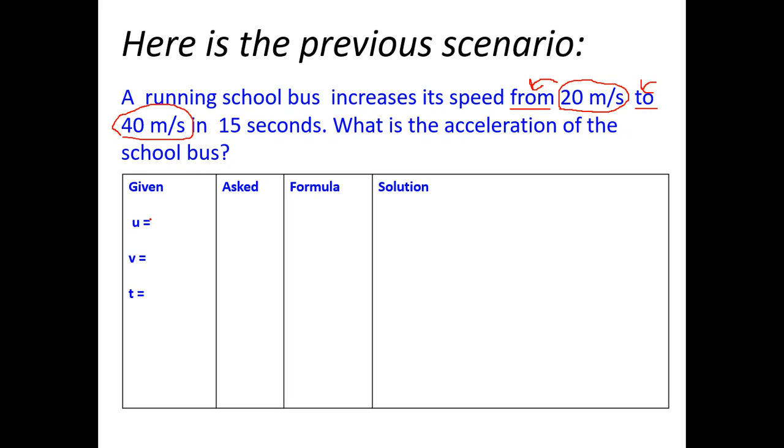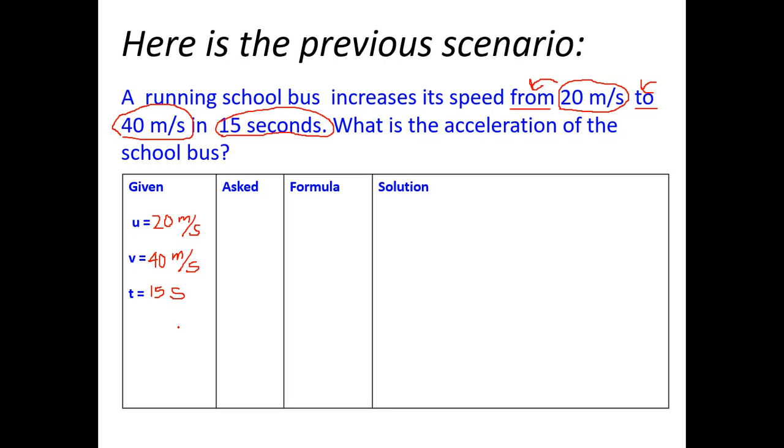So therefore, if you look at the given, u is equal to 20 meters per second. That is your beginning velocity. And therefore, your final velocity is 40 meters per second. What about this? As you can see, 15 seconds is just your time. So time is 15 seconds.